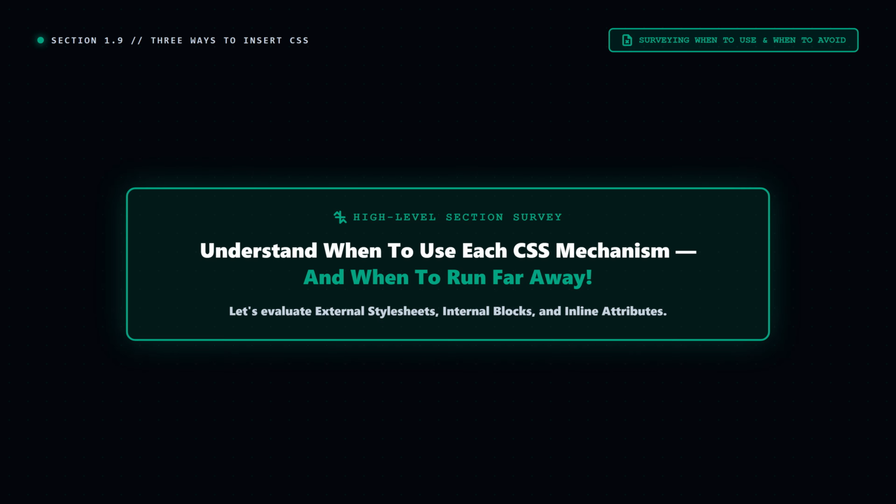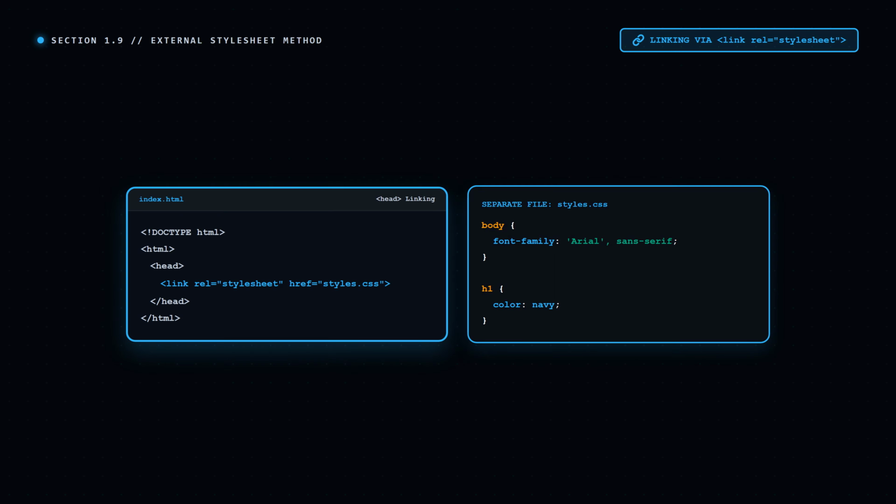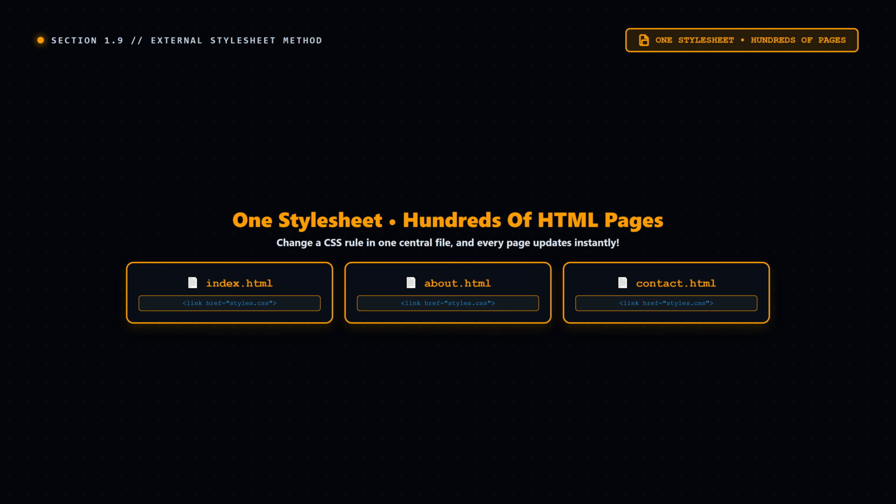In this section, we'll survey all three at a high level so you understand when to use each and when to run far away. The first and most powerful method is the external style sheet. You write all your CSS in a separate file, usually with a .css extension, and you link to it from your HTML using a link tag in the document head. The browser fetches that file, parses the CSS, and applies it to the current page. The magic of this approach is that you can link the exact same CSS file to hundreds of pages across your website.